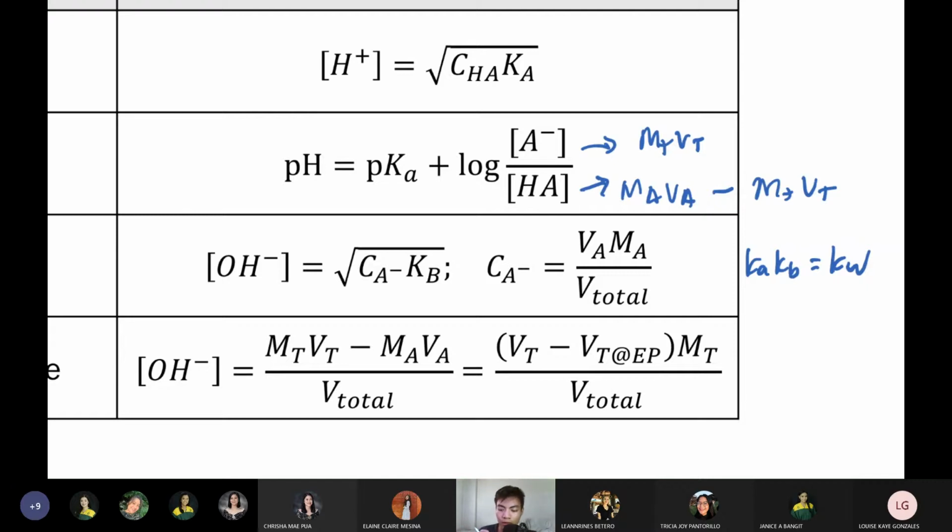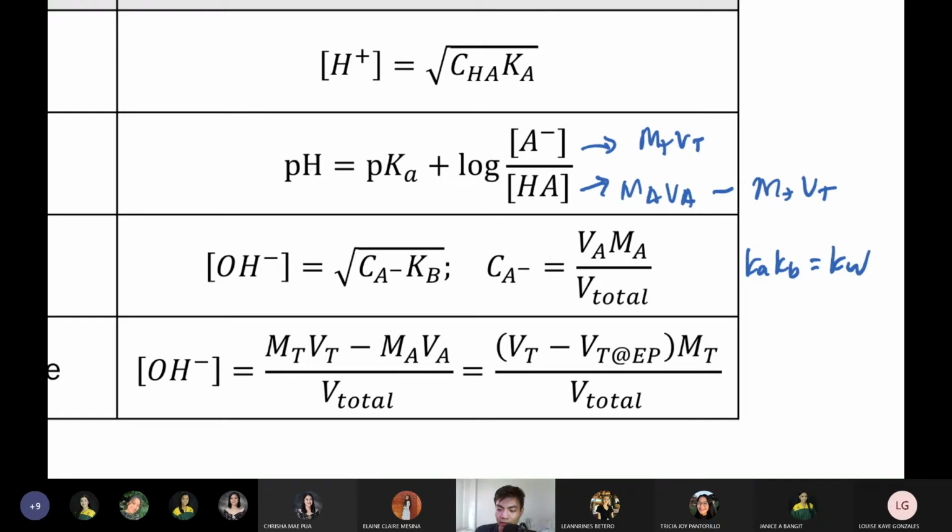Tapos, ang problema, how about A? The concentration of the conjugate acid, I mean the conjugate base. Saan galing yung conjugate base? Sa analyte mo, lahat sila na convert into product, 'di ba?